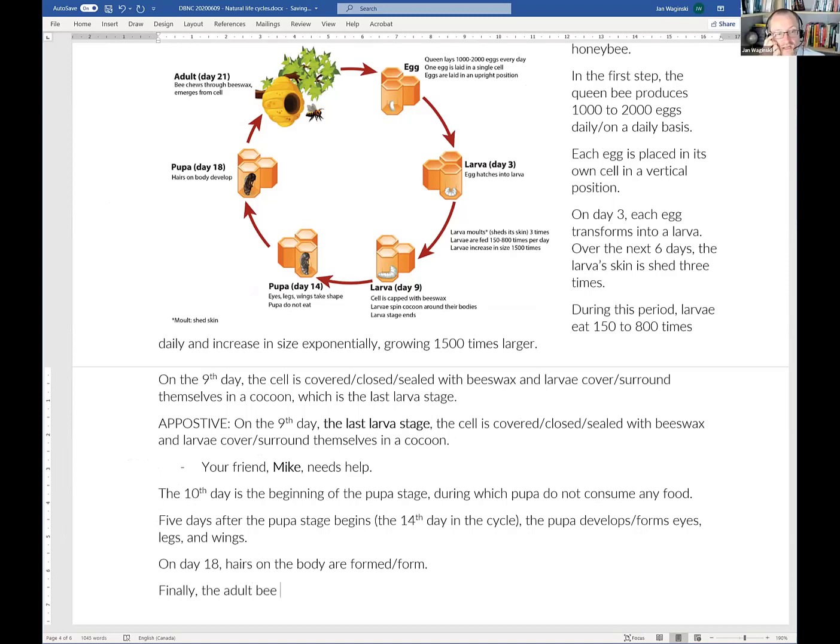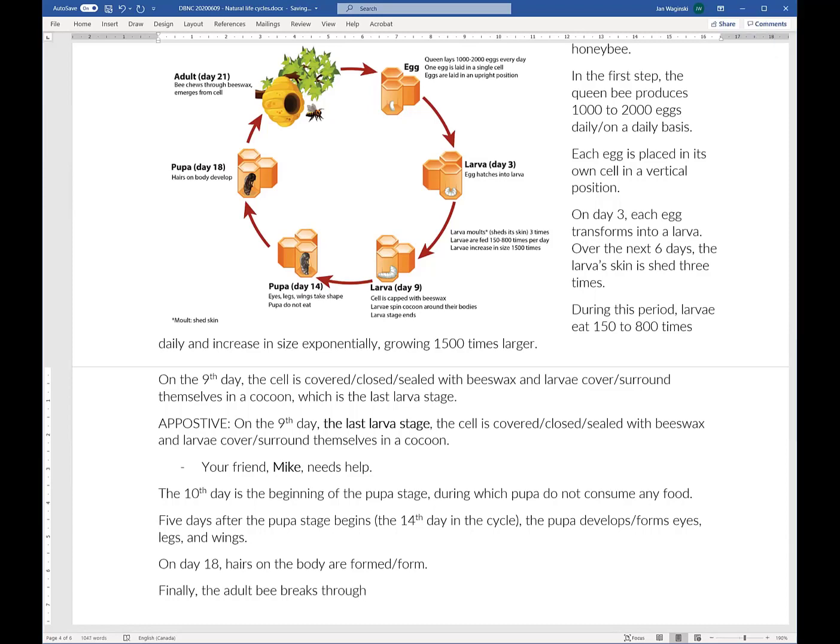Well, it doesn't say that it eats it. We don't know. Maybe it eats it, maybe not. We can say breaks through. It needs to escape, right? Because on day 9, the cell is capped with beeswax. So the bee is kind of trapped inside. It needs to escape. So it breaks through.